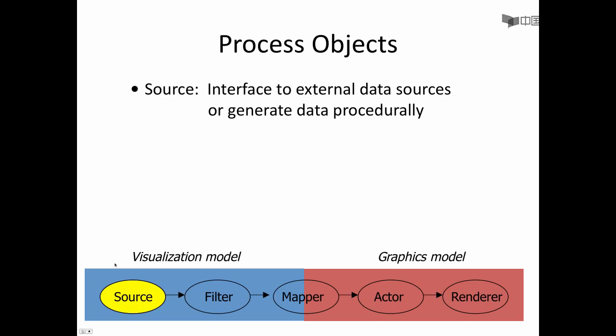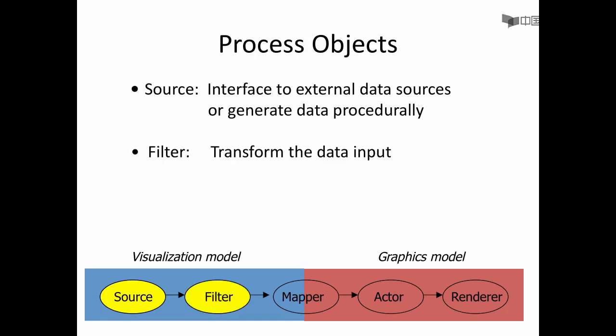Now let's look at some specific Vtk objects. First of all, let's look at process objects. The figure below is the same visualization pipeline we used earlier. In the beginning of the pipeline, we have a source object. The source object is to interface with external data sources, such as files.